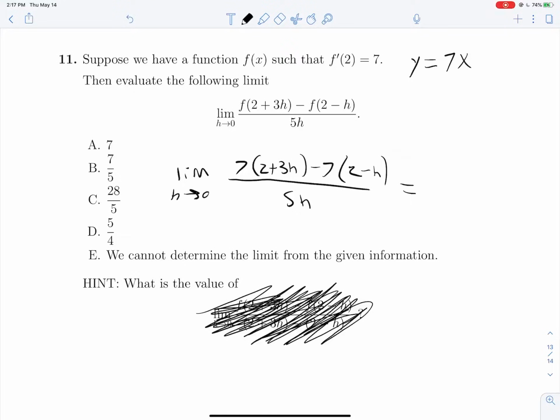This is the same thing as 14 plus 21h minus 14 plus 7h over 5h. This gives us 28h over 5h, or just 28 over 5. As h approaches 0, well, we don't care because there are no h's left, and we end up with 28 over 5. That's C for number 11.